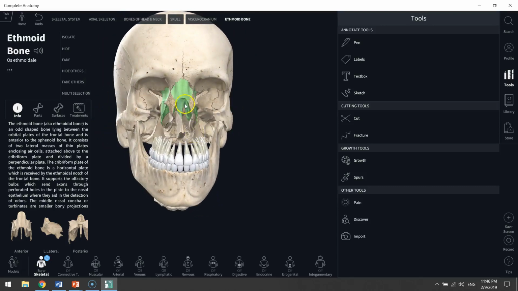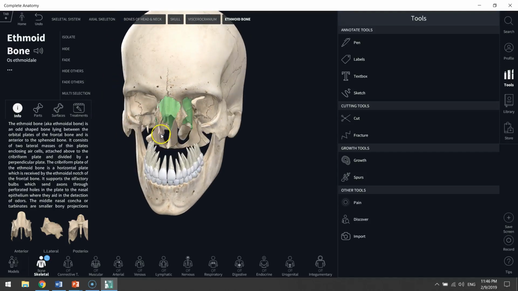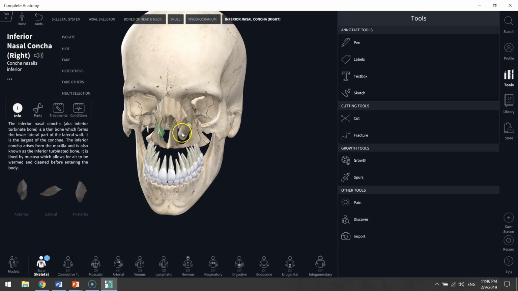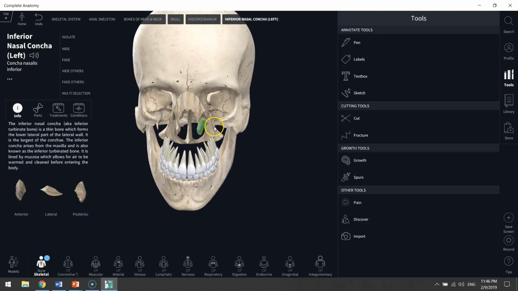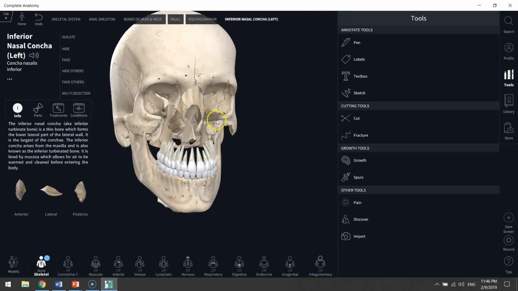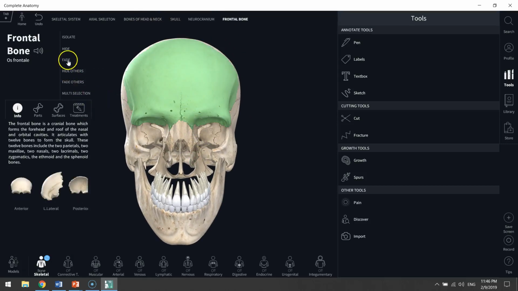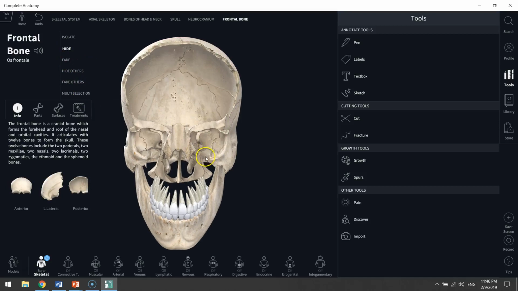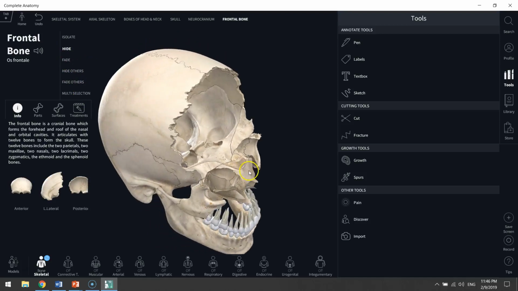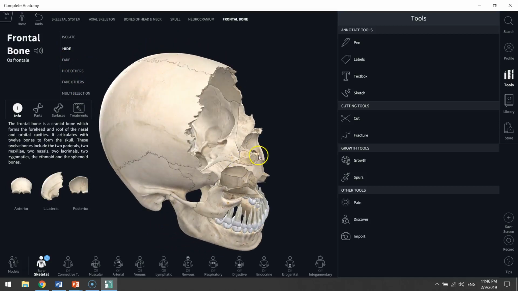As I said, it houses the superior and middle nasal conchae, whereas the inferior nasal conchae are independent bones. If we further remove the frontal bone, we can see superiorly the cribriform plate.